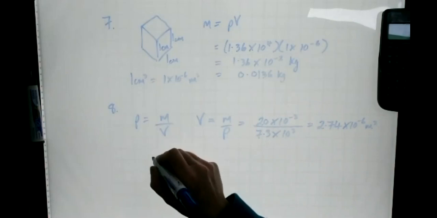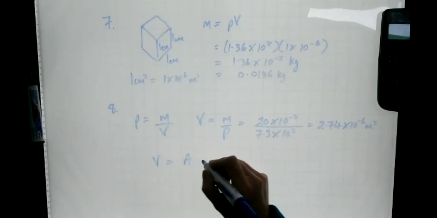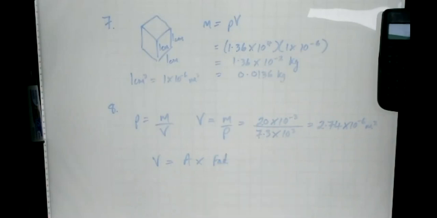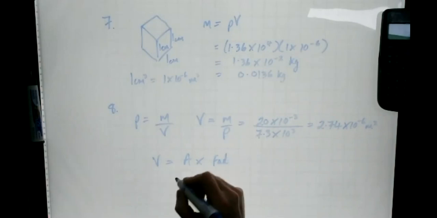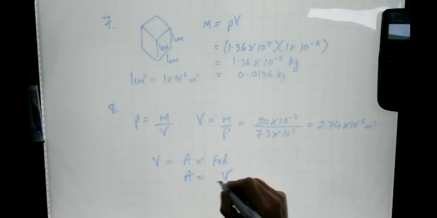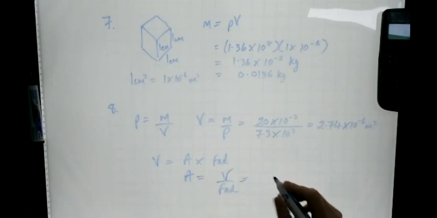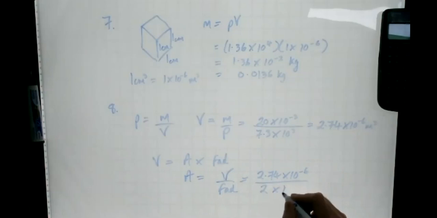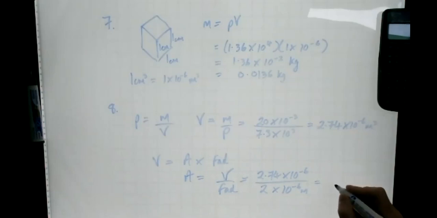The volume is area times thickness, so area equals volume divided by thickness. So 2.74 by 10 to the power minus 6 divided by the thickness, 2 by 10 to the power of minus 6 meters. So we get 0.3 meters squared.